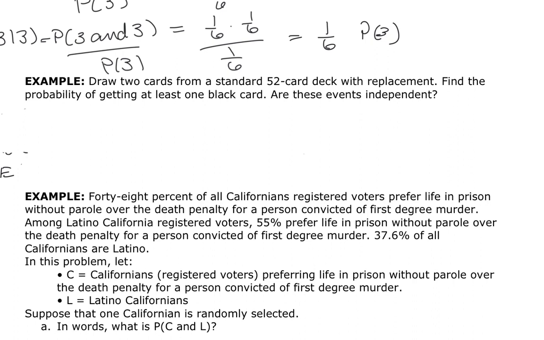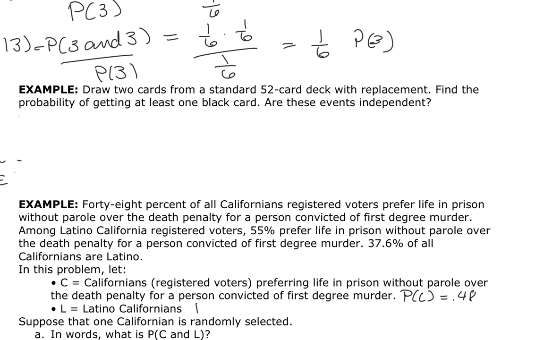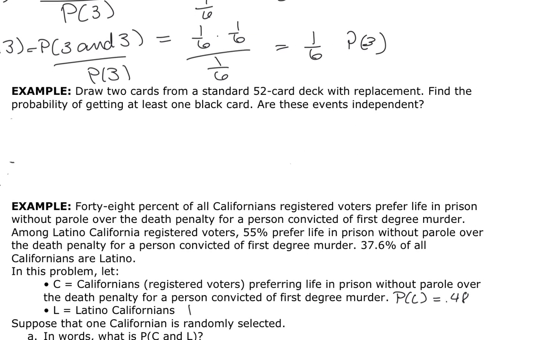Okay, so C, the probability of C is 0.48. It's 48%, but remember, probability is a decimal. And the probability of L, since L represents California Latinos, is going to be 0.376.